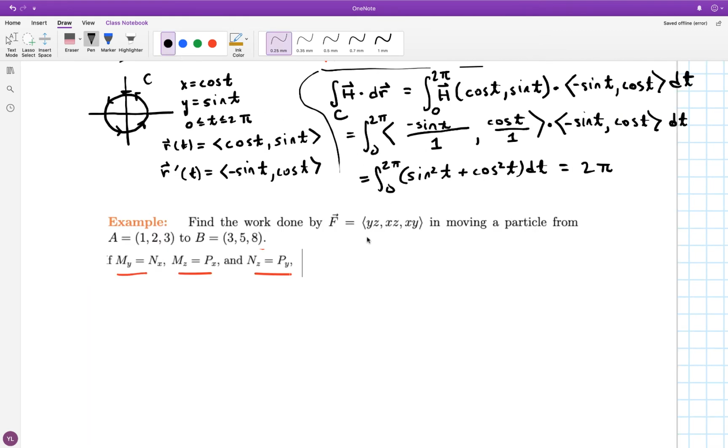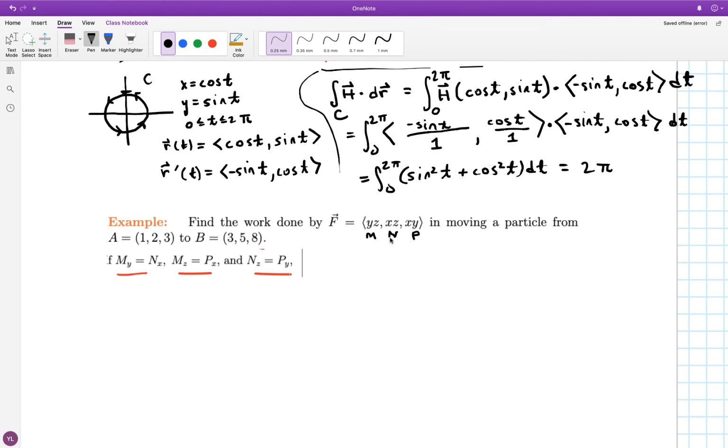If my vector field has component functions m, n, and p, and the vector field is continuously differentiable across a simply connected region in 3 dimensions, then this check will tell me whether it's conservative or not. Well, f has polynomial component functions, so it's definitely going to be continuous and differentiable everywhere. The check is going to go through since the domain of this vector field is R3 in its entirety.